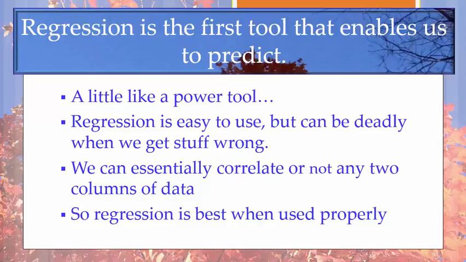But the thing about regression is it's a little bit like a power tool. It's pretty easy to use, but it can be deadly when we get stuff wrong. I love that description because we can take any two things and correlate them, and we can say that this causes that.